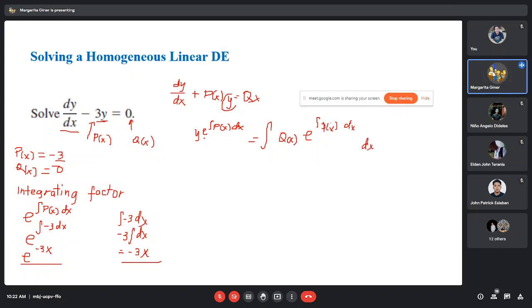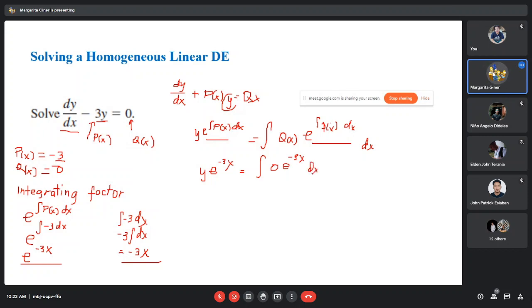Okay? So since ang e raised to this one, this is already the integrating factor, this is also the integrating factor, substitute na lang ang value. Y is equals to e raised to negative 3x. Okay? Alin na siya integrating factor ta. Is equals to the antiderivative, since 0 ni siya, so e raised to negative 3x dx.